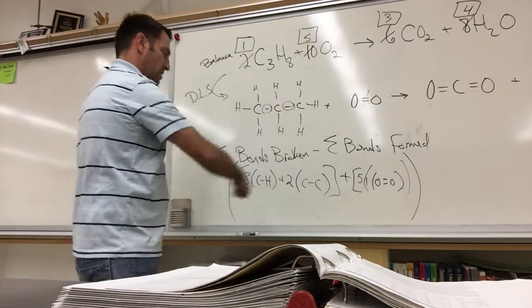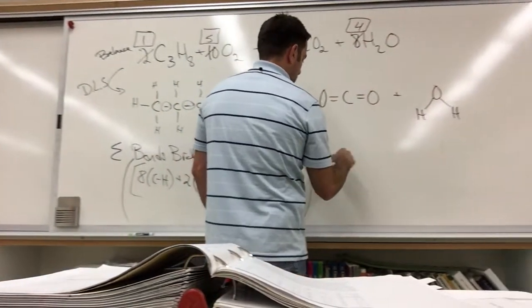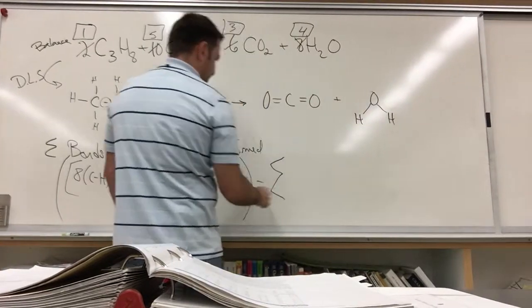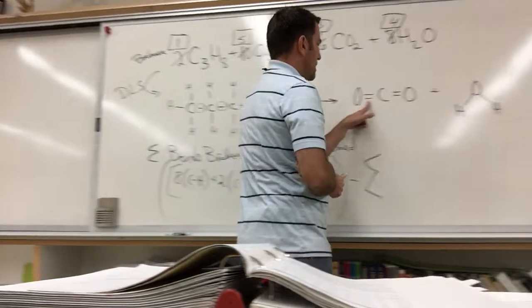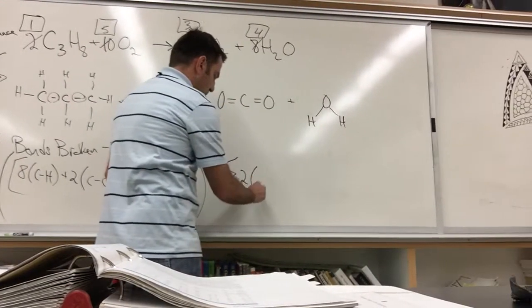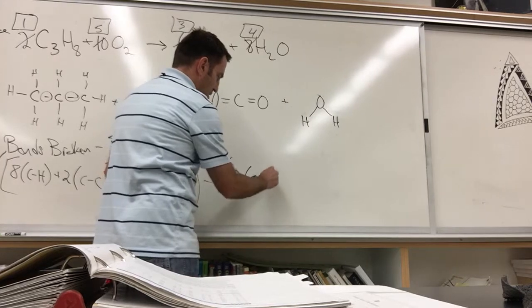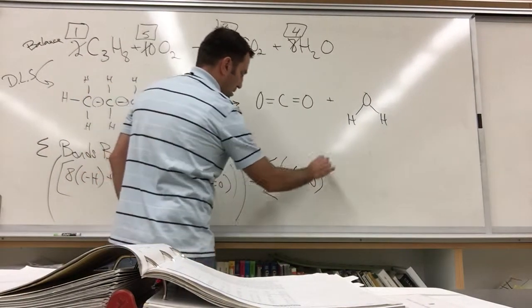All of this, and I got a lot of brackets, but it doesn't matter, minus the sum of my bonds formed. So if you look now, I have 2 C to O double bonds. So I have 2 C O's, and that's really going to be times 3.